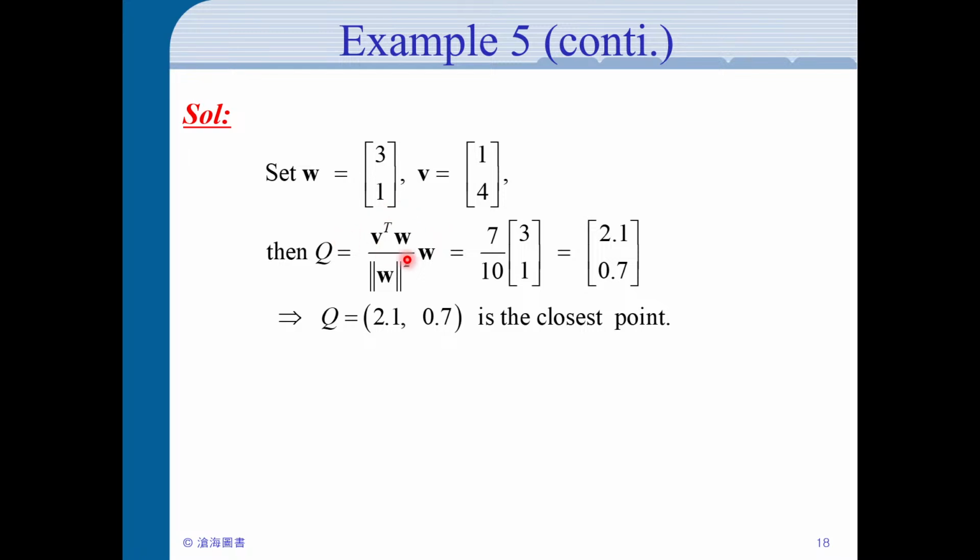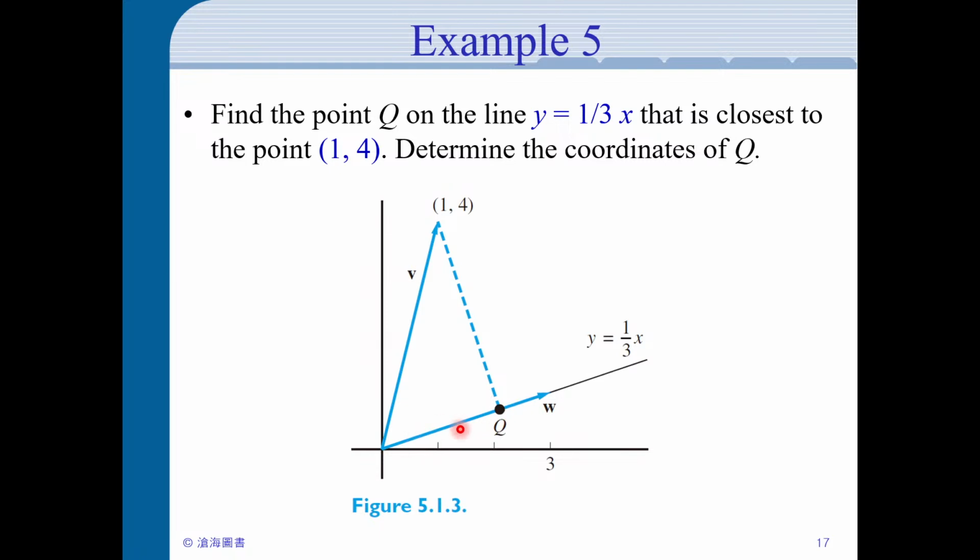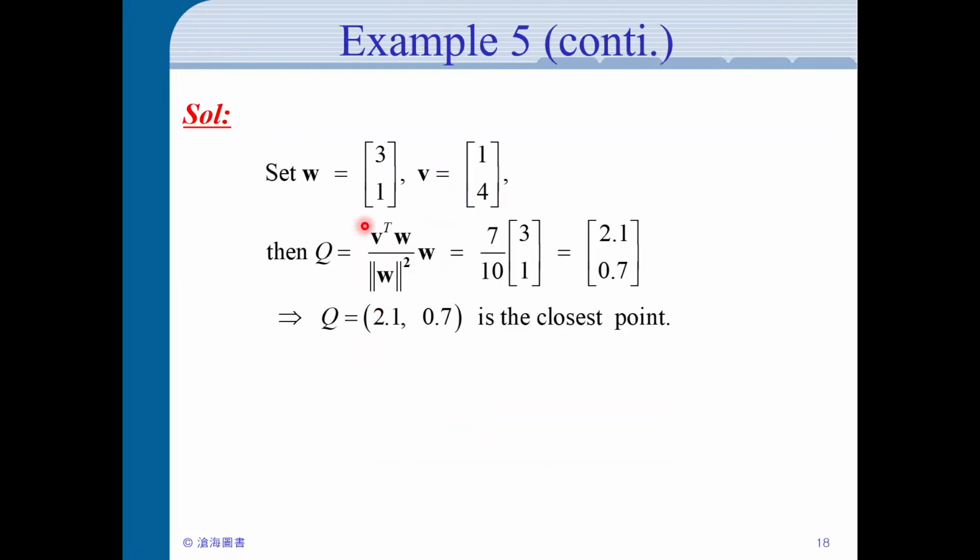Then let's do the formula. We want to find the projection vector, which is x^T y divided by y^T y, times y. The inner product of x and y is 3 times 1 plus 1 times 4, which equals 7, and the length of y squared is 3 squared plus 1 squared, which equals 10, and y is just (3, 1).